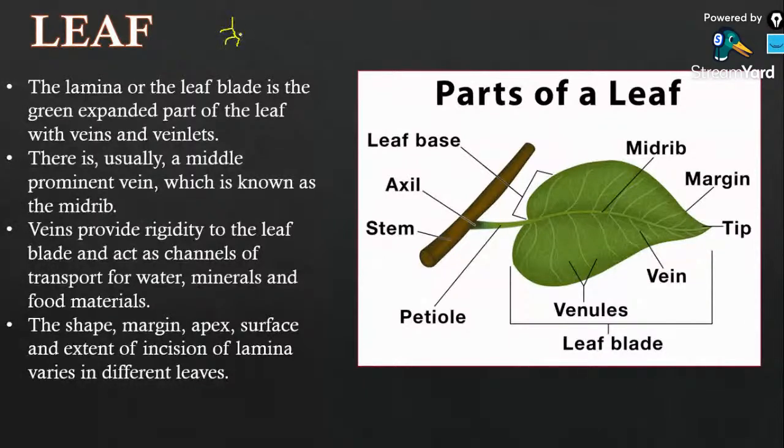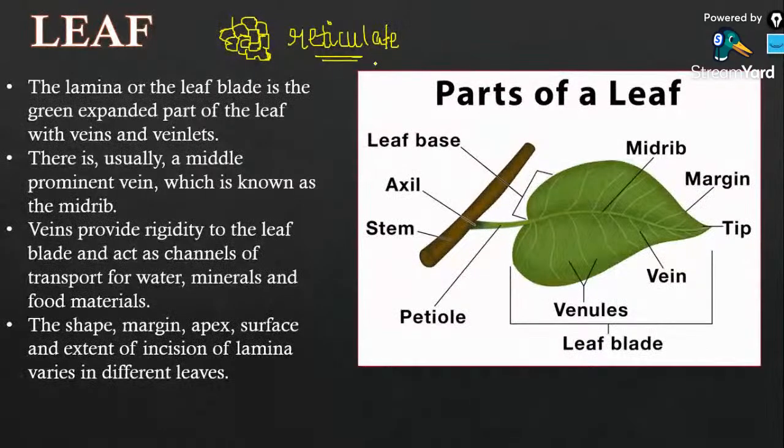Sometimes the veins will be arranged like a network. Such a network arrangement of veins, you will call reticulate venation.